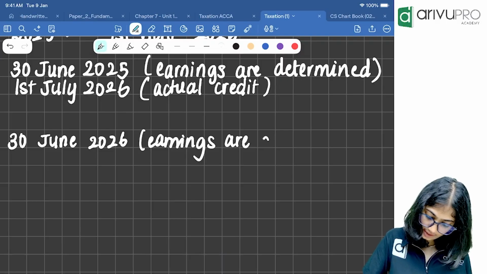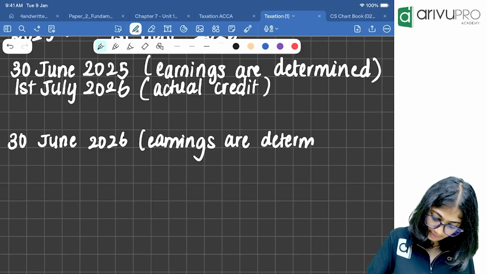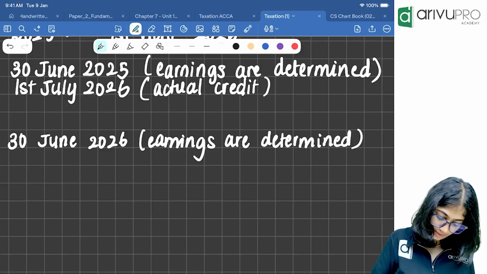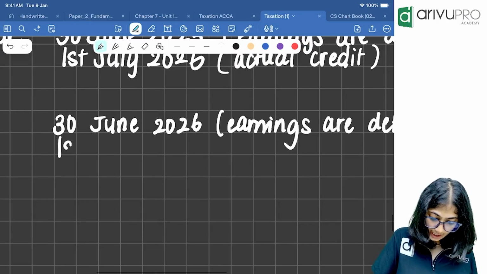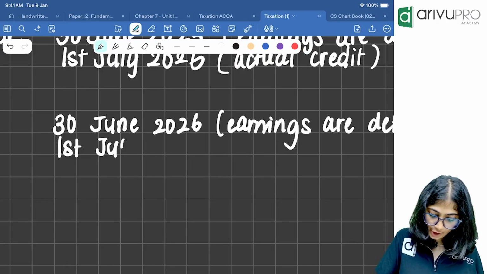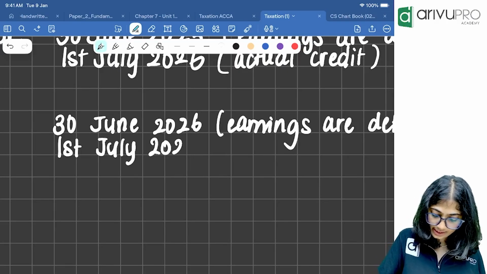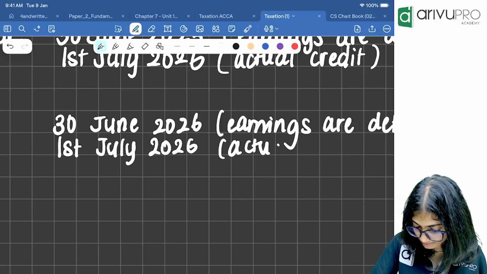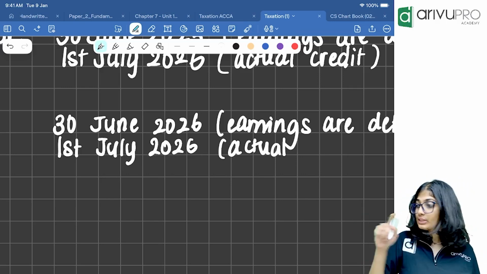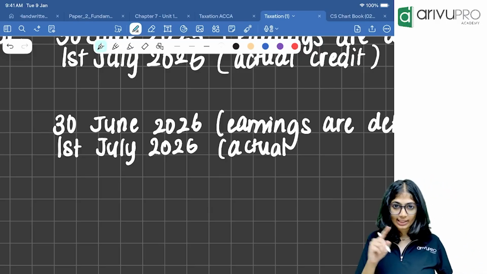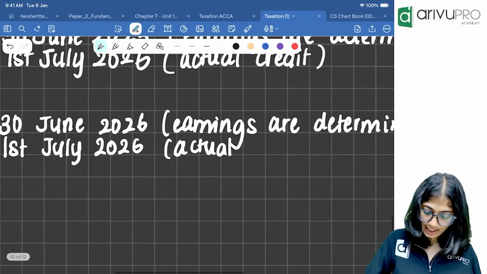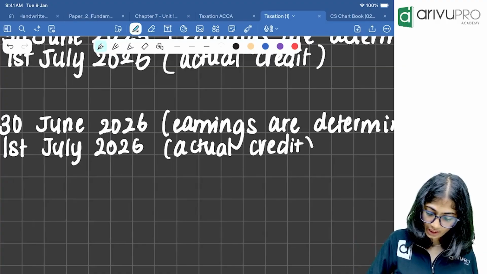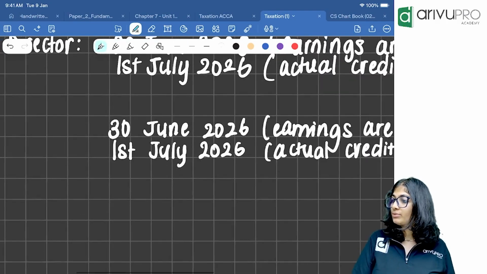Earnings are determined. Let's just say the actual date of credit is 1st July 2026. Actual credit is the date when it was actually credited in the company's books. So, what is going to be the earliest date of these two?